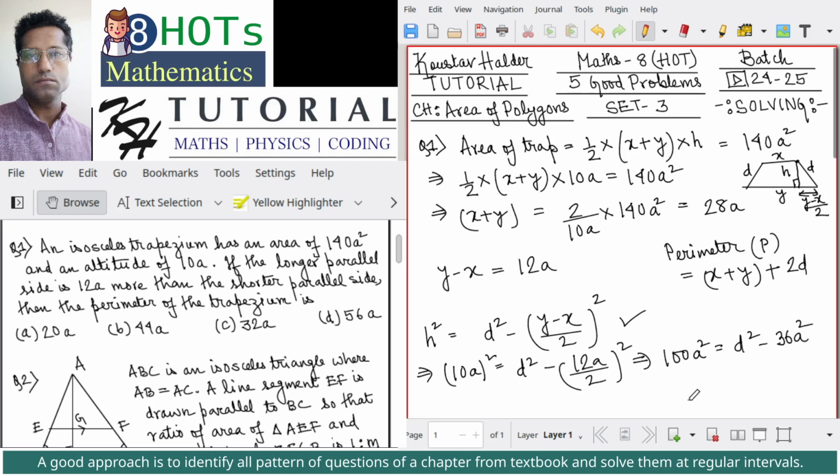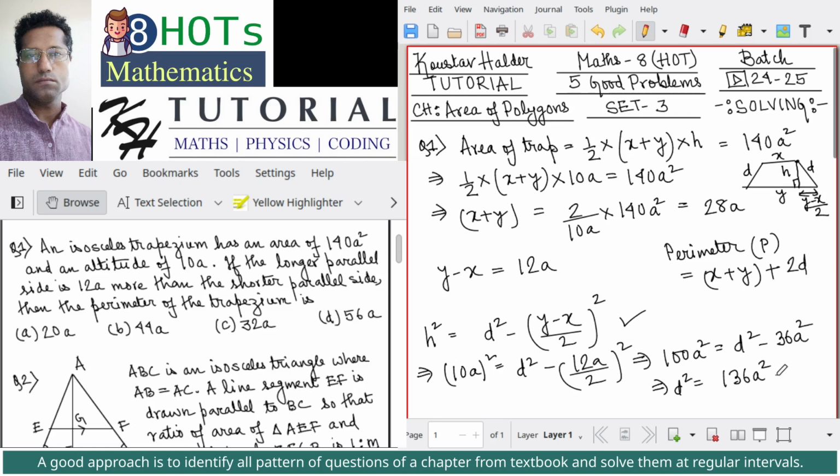So we have 10a square, d square, 12a by 2, 6a, 36a square. So this implies, I think, we have d square is equal to 136a square. I think I did some mistake in framing this question.